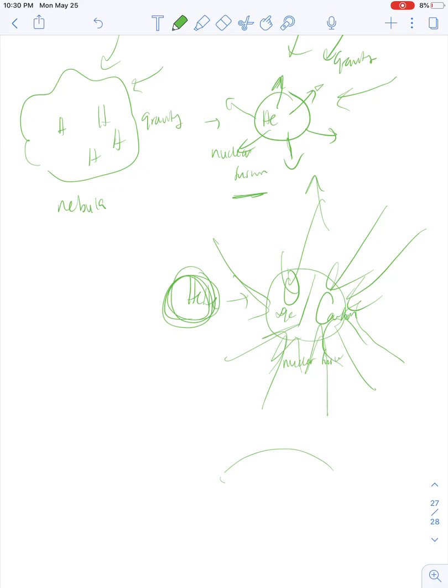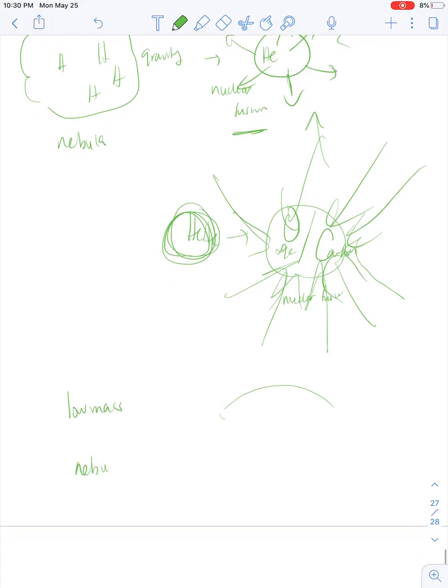So you start to get this red giant, it's called a red giant, and it's in your book, The Life Cycle of the Stars, and you can actually fill this in with your own notes. But when you have a low mass star that begins with a nebula, you get nuclear fusion occurring, and then nuclear fusion only occurs up to a certain point.